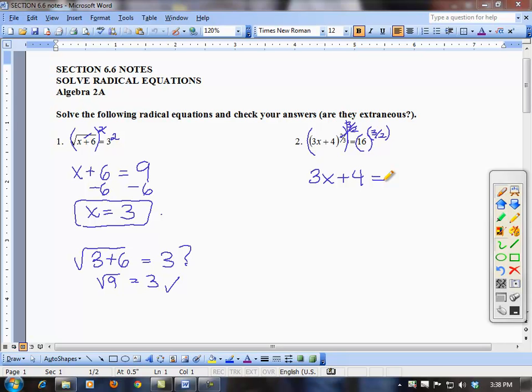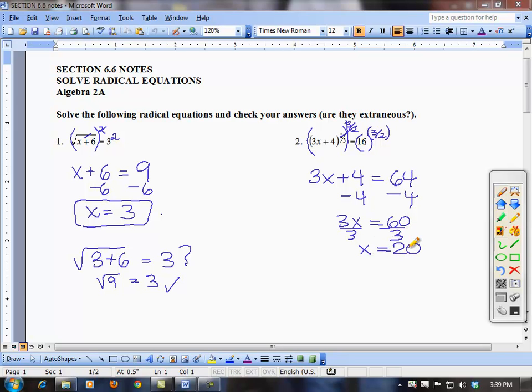On the right side, we take 16 to the 3/2 power, which is just like saying 2's in the denominator, so it's the square root. The square root of 16 is 4, and 4 cubed is 64. Again, your calculator can do that for you if you need. Now I'm back to Algebra 1, I can start solving. So I subtract 4 on both sides. 3x equals 60. When I divide both sides by 3, x equals 20.